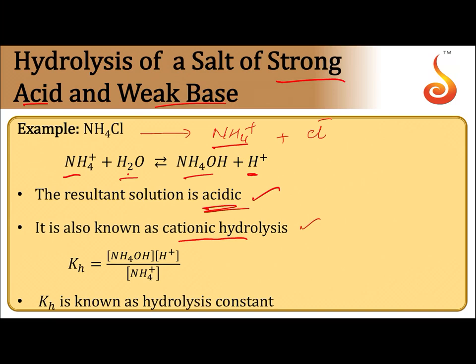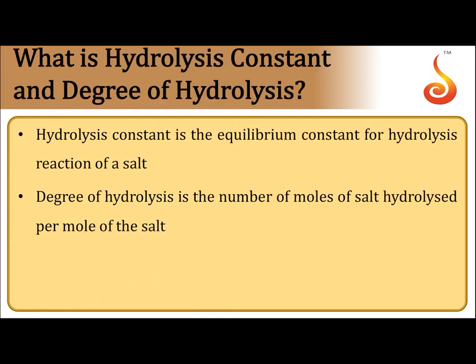Now coming towards hydrolysis constant, Kh will be equal to the product of ammonium hydroxide and H plus divided by ammonium ion, NH4 plus. This gives us the hydrolysis constant, which is called Kh. Here the hydrolysis constant is an equilibrium constant only for the hydrolysis reaction of the salt.